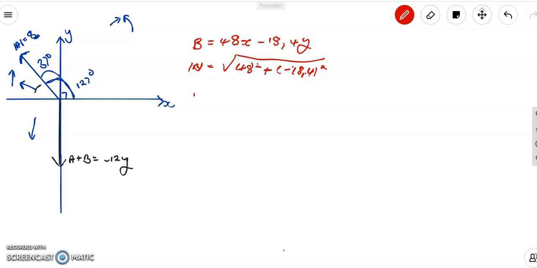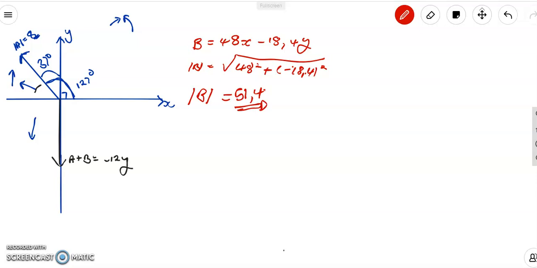That's the magnitude of B. The magnitude of B is equal to 19.0. Something's wrong with my drawing pad. It's 19.01. This is your magnitude.